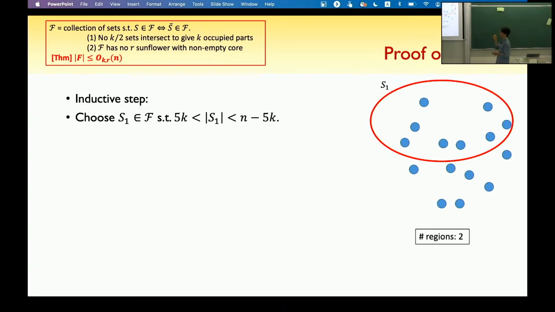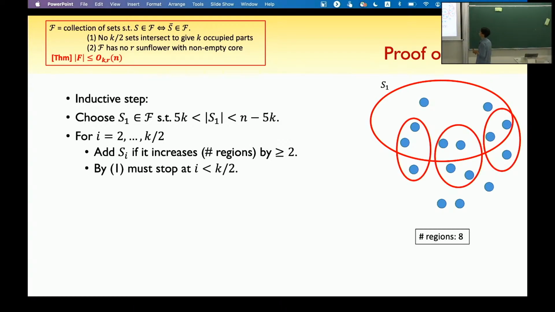Starting from S1, we do this process. For i from 2 until k over 2, we add S2, S3, S4. But we add a set Si only if adding Si increases the number of non-empty regions in this Venn diagram by at least 2. For example, we started from S1 and then added S2, S3, S4 here.